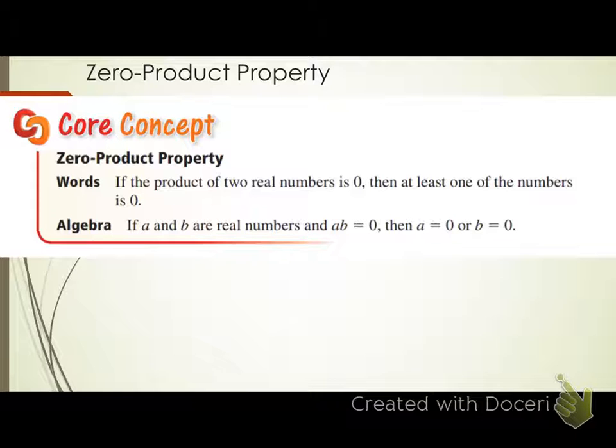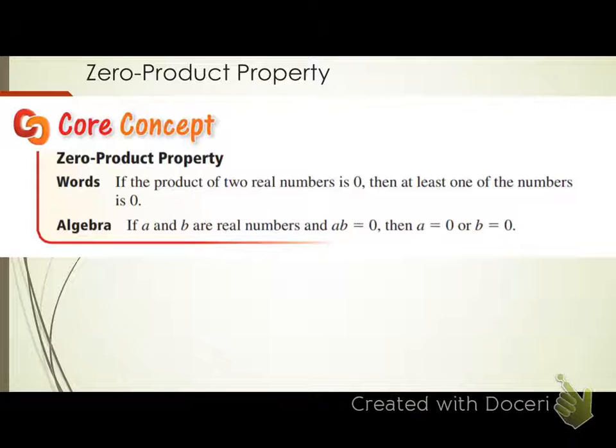For them to equal 0, because anything times 0 is 0. So I know either A has to equal 0 or B has to equal 0. Right? Or they both have to equal 0. Everyone okay with that property? So if I've got two things being multiplied together, one or both of those things must be 0. Right? Does that make sense? Let that sink in a little bit.